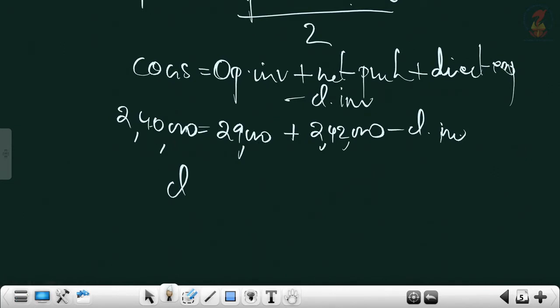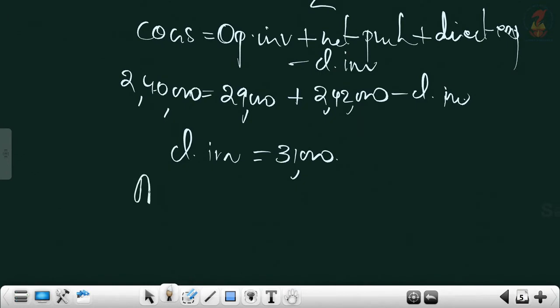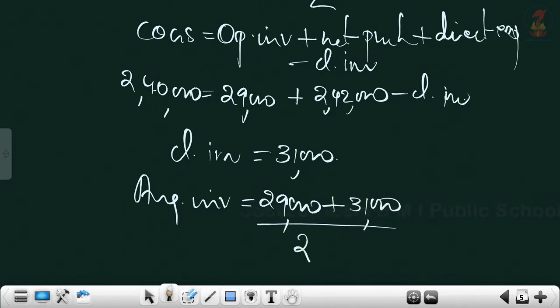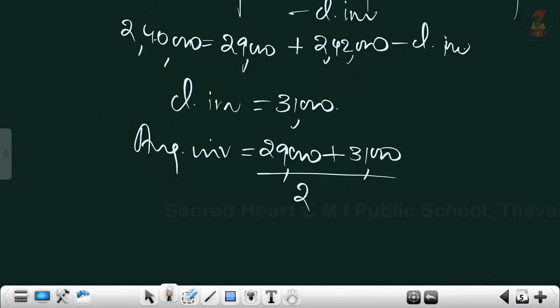Now closing inventory value, just take this to the opposite side, will be equal to 31,000. Get average inventory, which is equal to opening inventory 29,000 plus 31,000 divided by 2. So average inventory will be equal to 30,000.